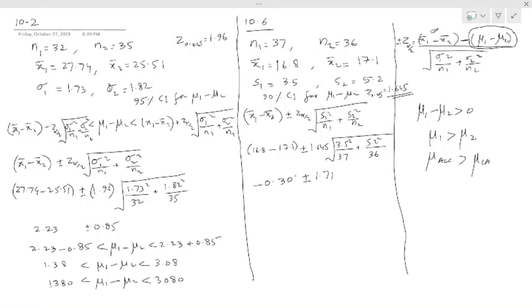So minus 0.3 and minus 1.71 gives us a lower bound value of minus 2.01, and minus 0.3 plus 1.71 would give us 1.41 as the upper bound.